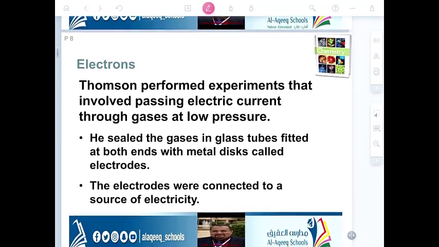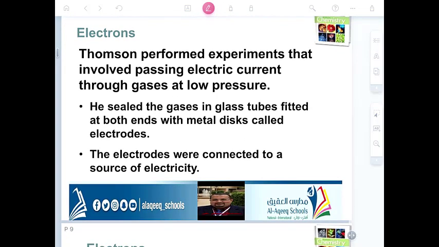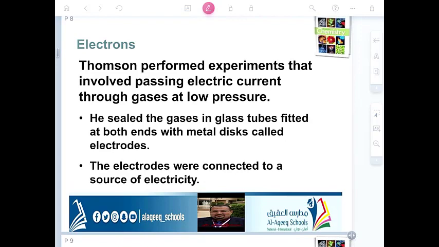Thomson performed an experiment in many steps to find out what small particle is inside the atom, and he discovered the electron. He used in his experiment a kind of gas, or many kinds of gases, at low pressure, and by using electric current, he allowed this electric current to pass through the gas inside a tube.